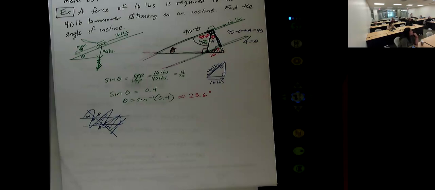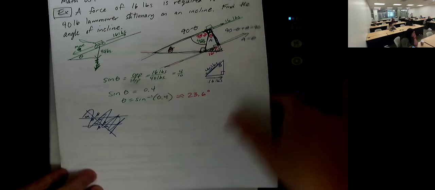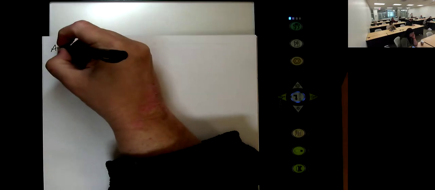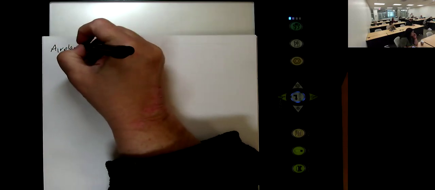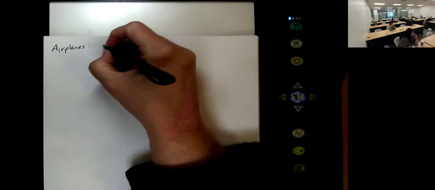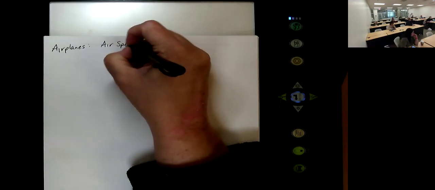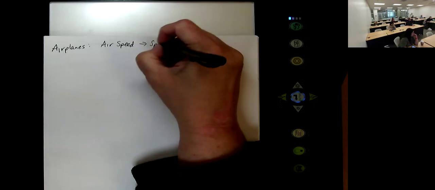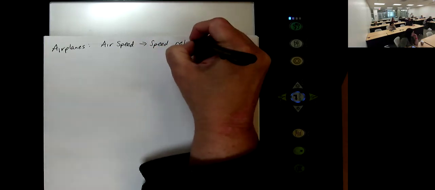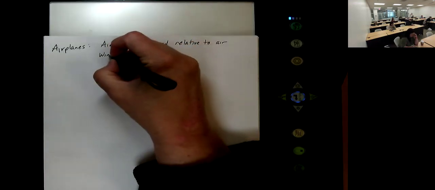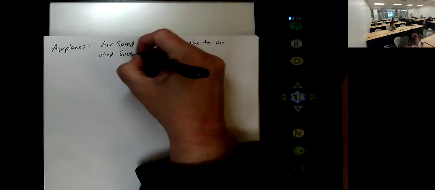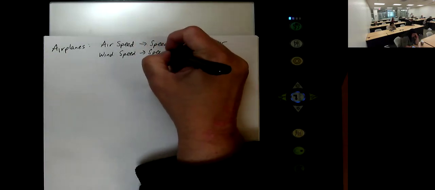Where else does this kind of stuff come in? Airplanes flying. There's something called the airspeed, which is speed relative to the air, and wind speed, which is obviously the speed of the wind.